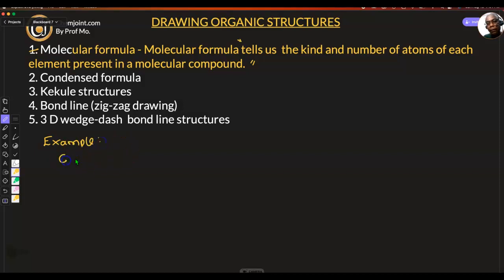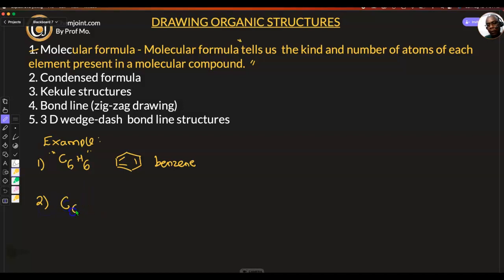You could have a molecule with the formula C6H6. This could be so many things, including a benzene ring. So benzene could be one of those that has that molecular formula.